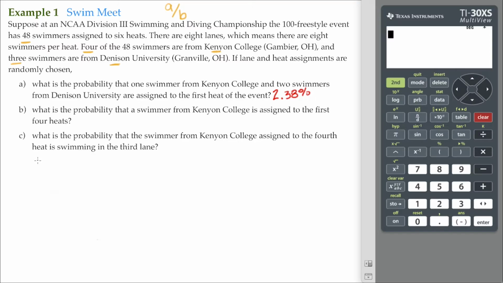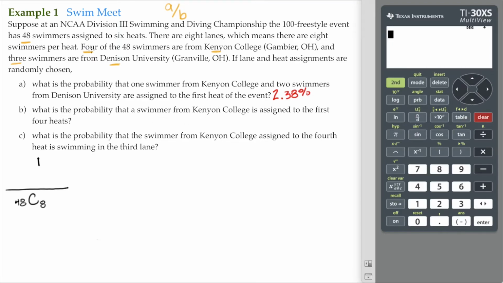So for the first heat here, I'm just going to put a 1 right there. We're going to determine our sample space, our denominator. We have 48 swimmers. We want to choose 8, so that's 48 choose 8. For our event, we want one of those swimmers. What is the probability that one of the swimmers is from Kenyon College?